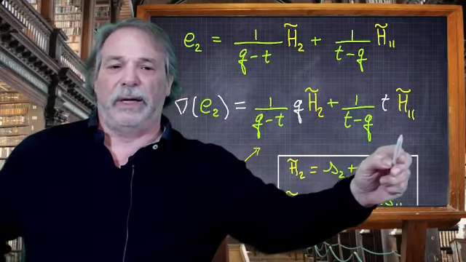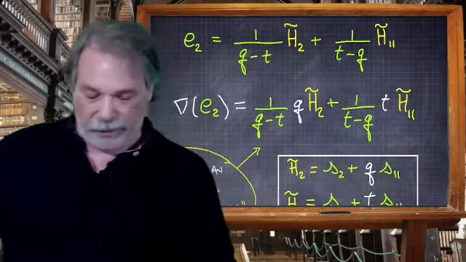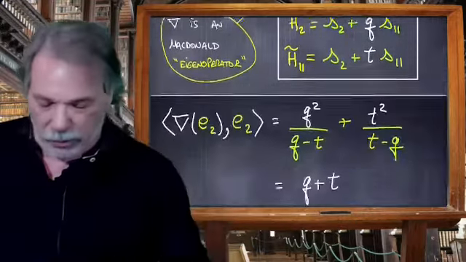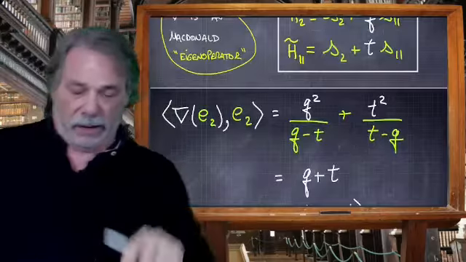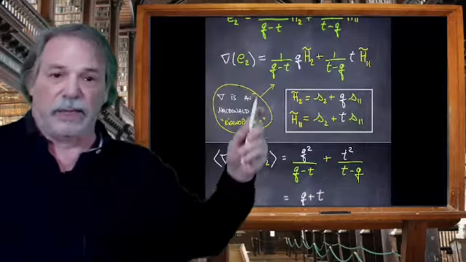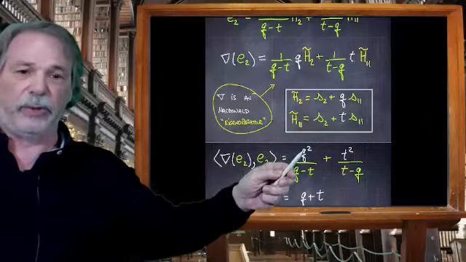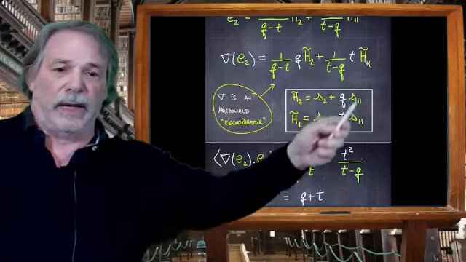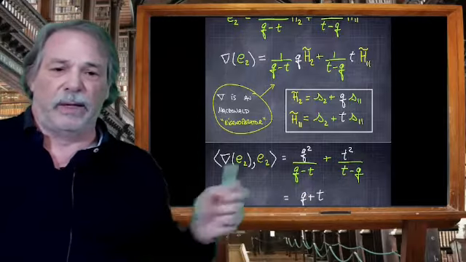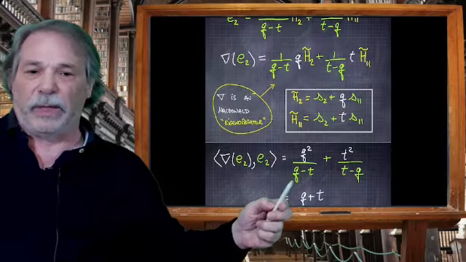Here, inside this h11, I'm picking the coefficient of S11 also. So from this to what we are looking for, the h2 here has been replaced by q, the h11 has been replaced by t. I sum up these two and then divide by what's needed.